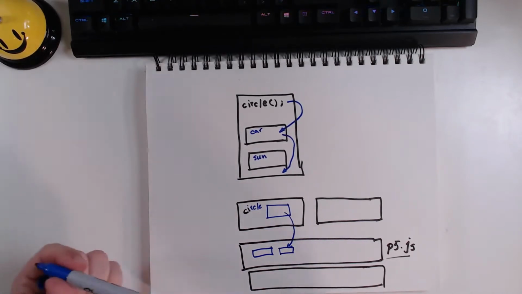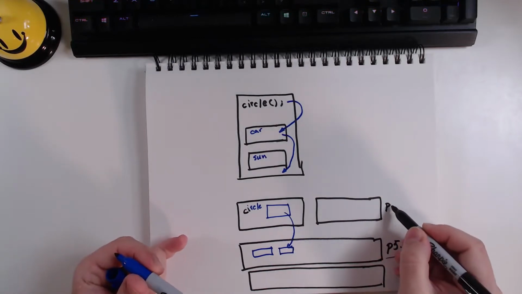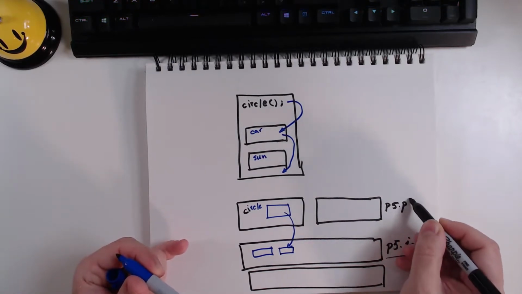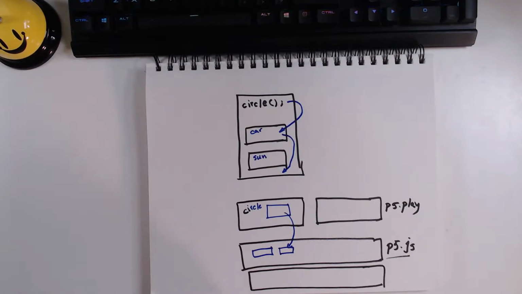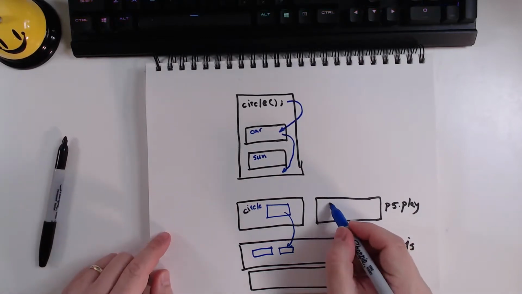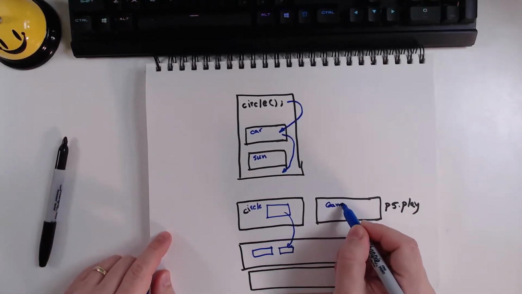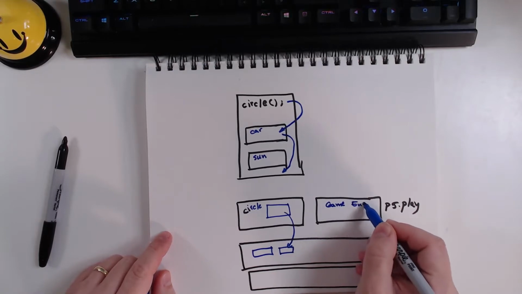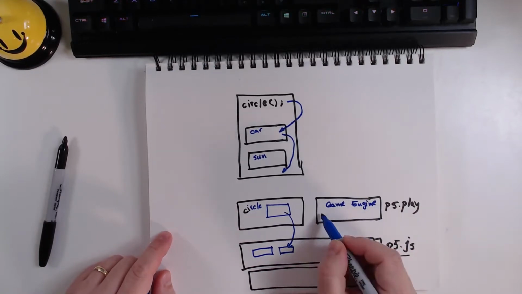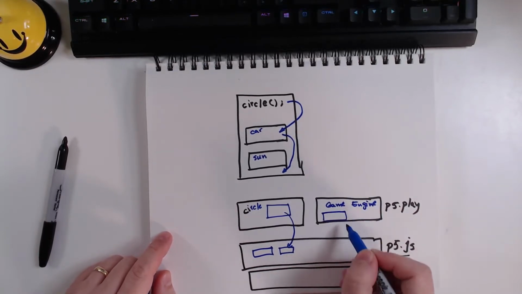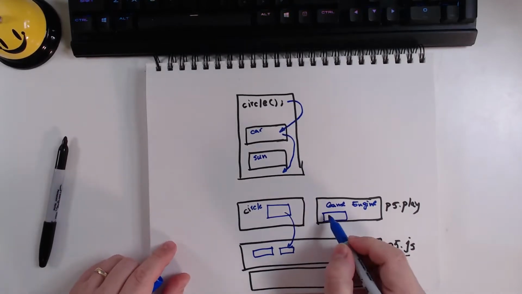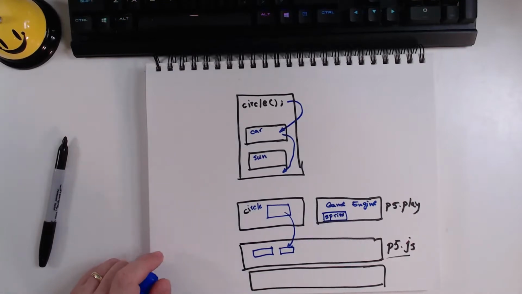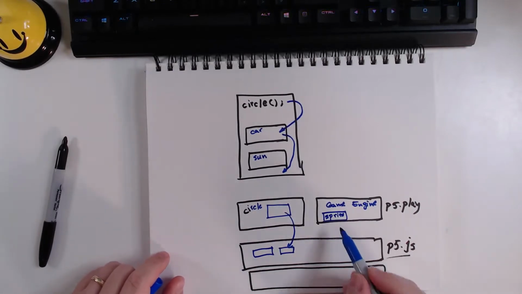Let's say this library is named P5 Play. These are real names, right? This one is a small game engine which contains many functions. And if you remember from the second lesson, the function sprite comes from this engine. This one also sits on the P5.js library.